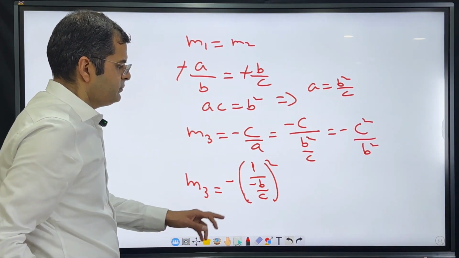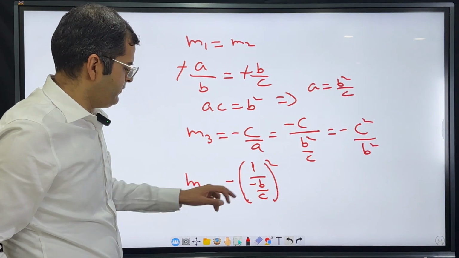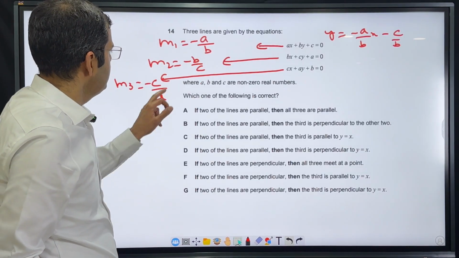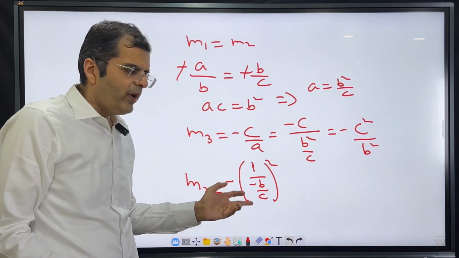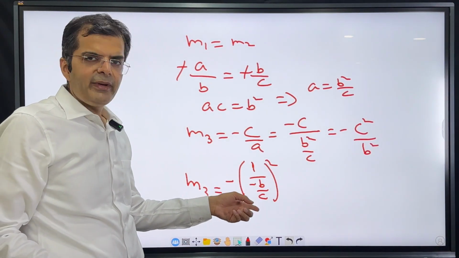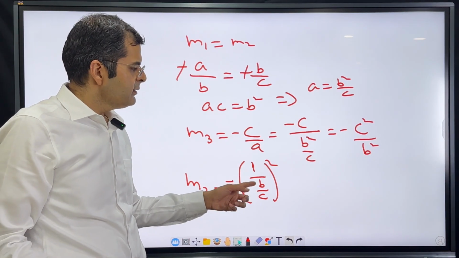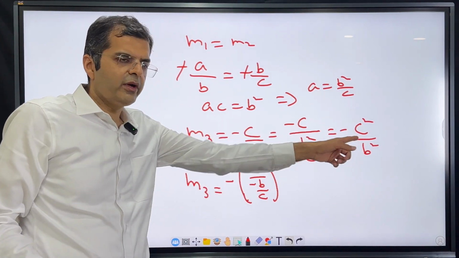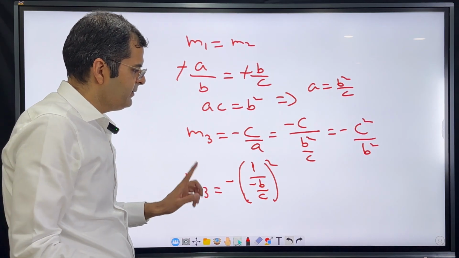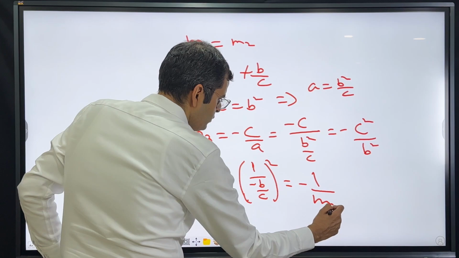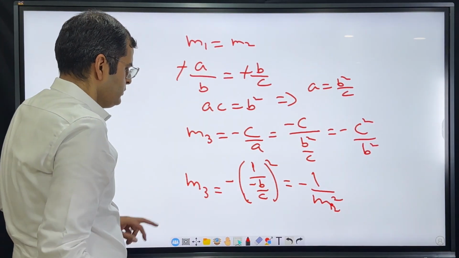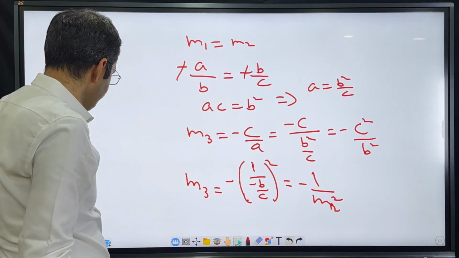Why I am taking this as minus is because I have m2 as minus b by c, and you square it, it becomes b square by c square in the denominator. So 1 upon b square by c square is c square by b square, and I have a negative sign here. So this is nothing but minus 1 upon m2 square. So m3 is equal to minus 1 upon m2 square.